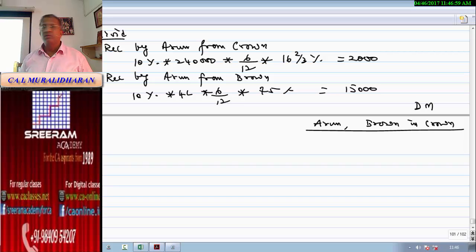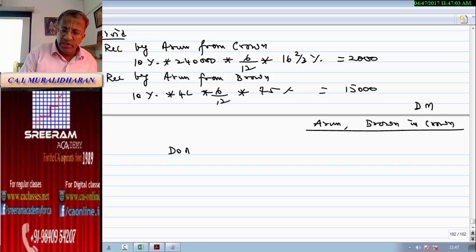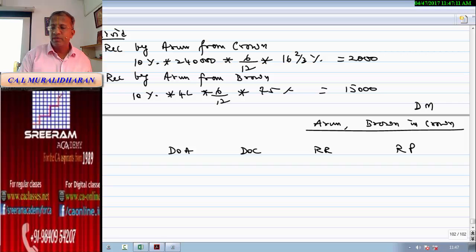By default we will follow the direct method. DOA, DOC, RR and RP. For RR and RP we will have some extra space because we have to provide space for parent as well as subsidiary.